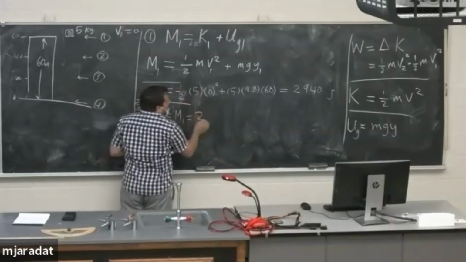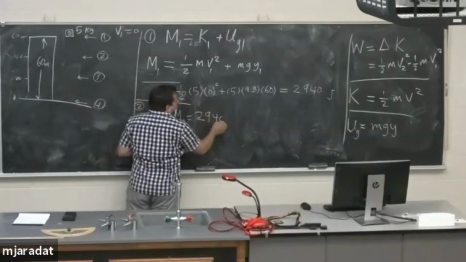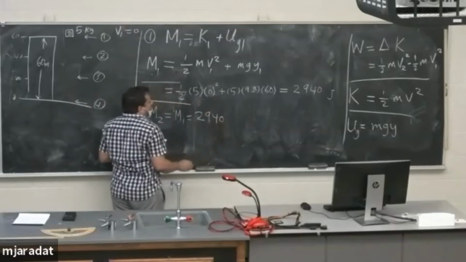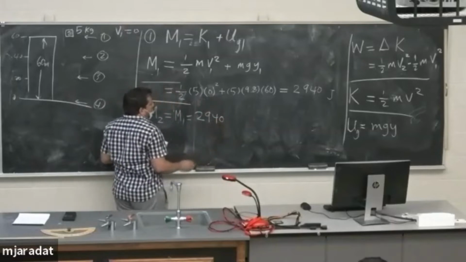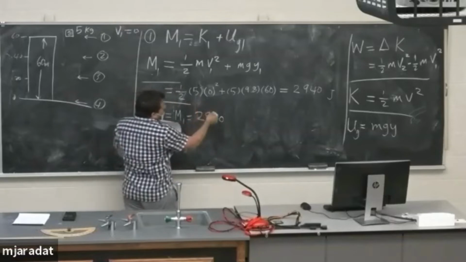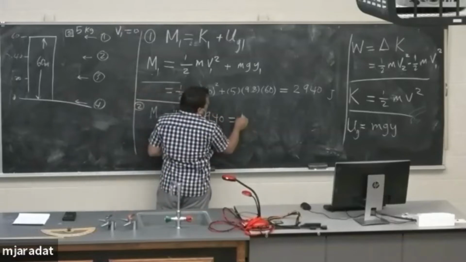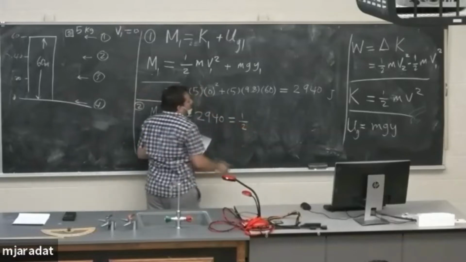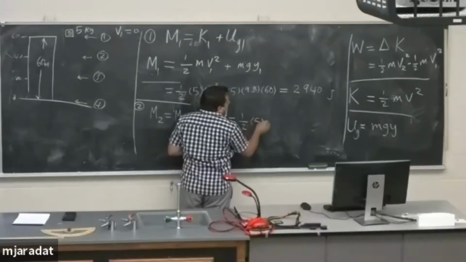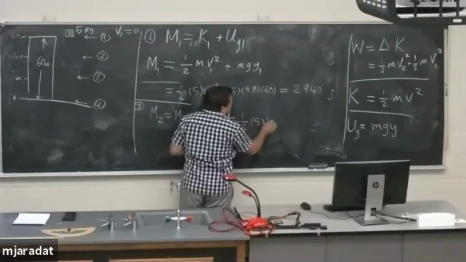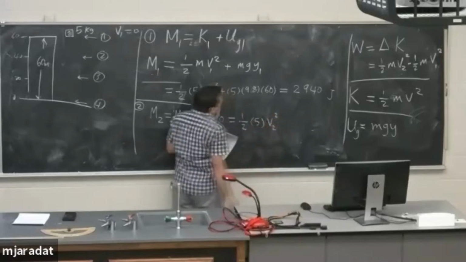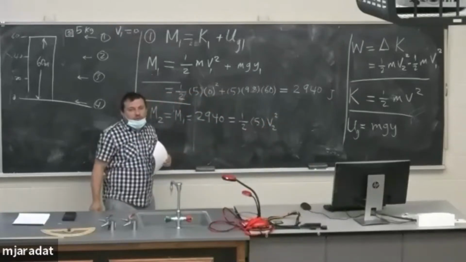2,940 joules. It should be equal to the kinetic energy, 1/2 times 5 multiplied by v2 squared. I don't know how much v2 is.